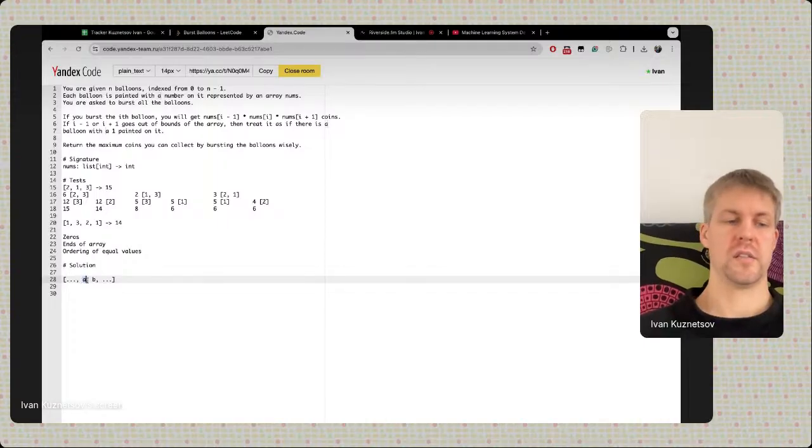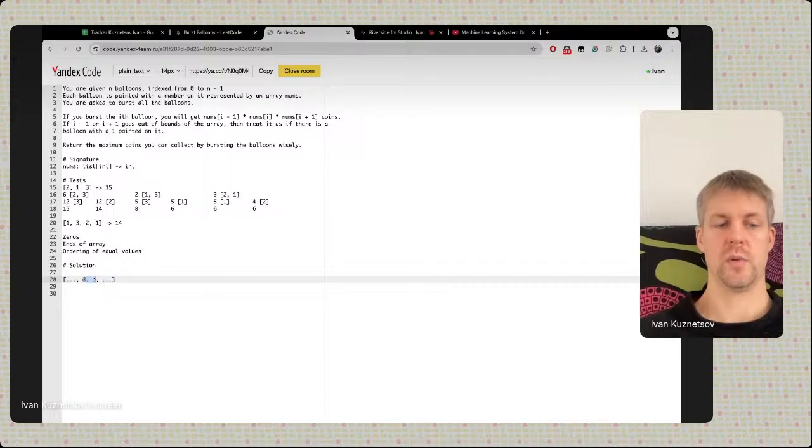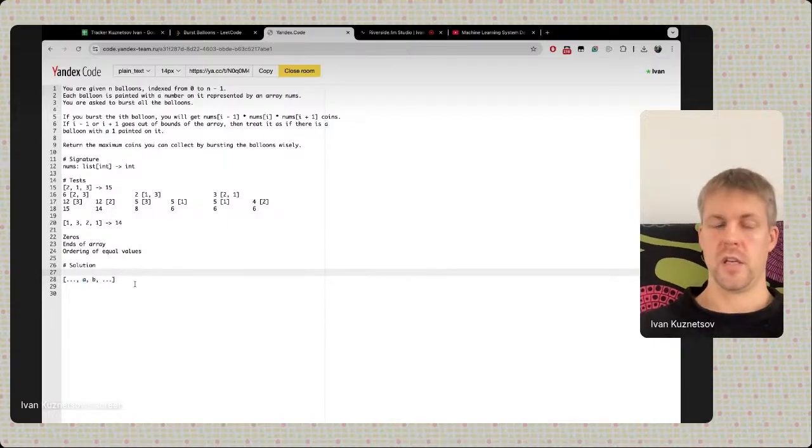But yes, let's assume that those ends of the array are not impacting anything, and we are only choosing between two numbers, A and B, and which we need to burst first. So if A is bigger than B, then if we burst A first, we will just multiply by it once among these two numbers. But if we burst B first, we'll multiply by the bigger number twice. So it's always better to start by bursting the smaller number. Okay, this makes sense.